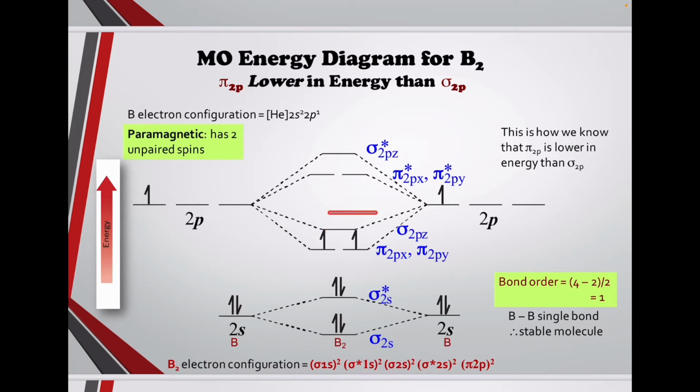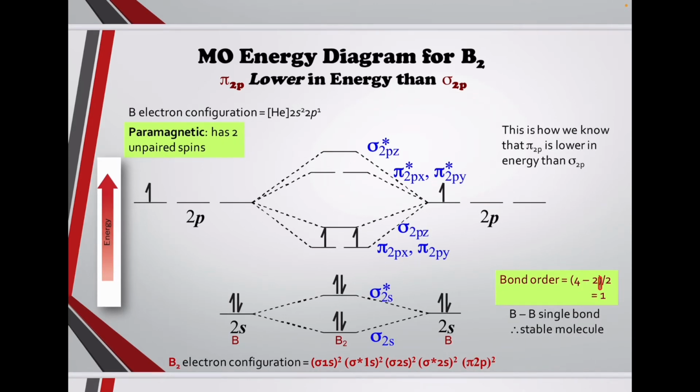So this is how you fill in the electrons, following Hund's rule. 4 minus 2 because of the antibonding electrons here, and divide by 2 is equal to 1. So B to B is a single bond. So this is a stable molecule. So this is how we know that pi 2p is lower in energy than sigma 2p. So this is the lower energy than the sigma 2p.